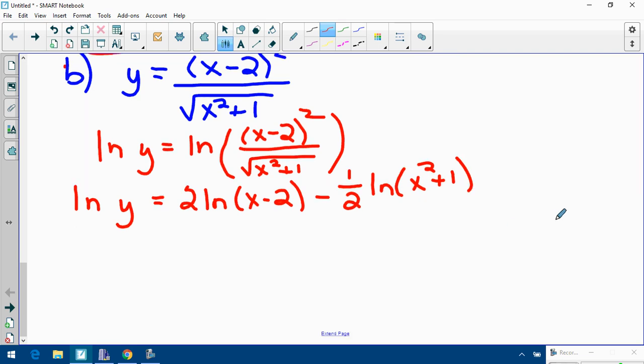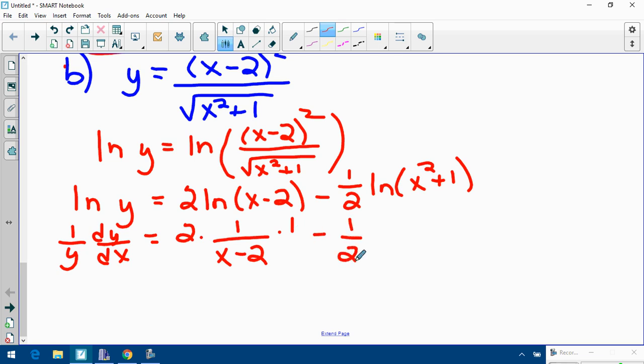Next step, take the derivative implicitly, so this becomes (1/y) dy/dx equals 2 times 1/(x - 2), technically times 1, because the derivative of x - 2 is just 1, minus 1/2 times 1/(x^2 + 1), times the derivative of x^2 + 1, which is 2x.